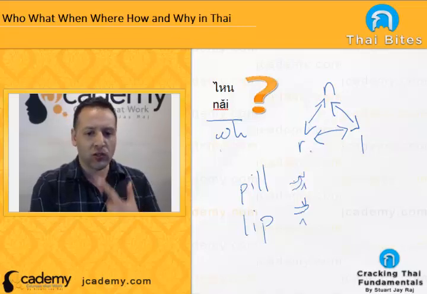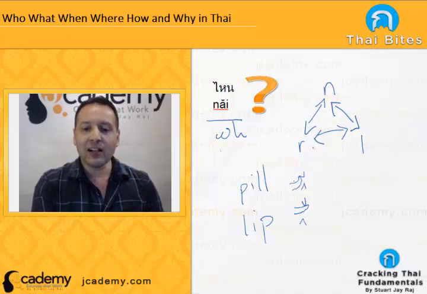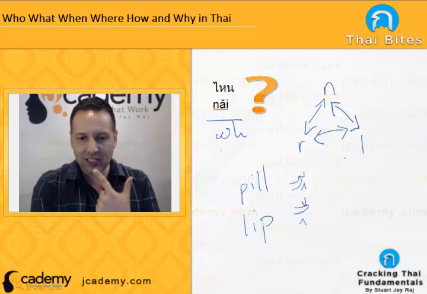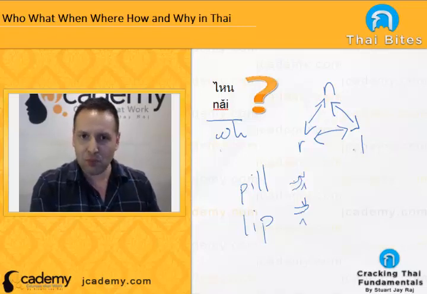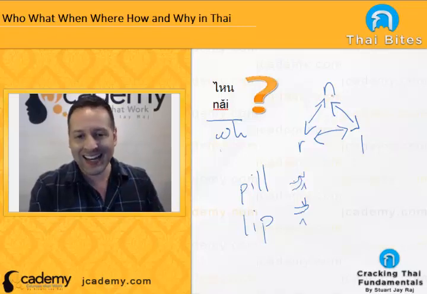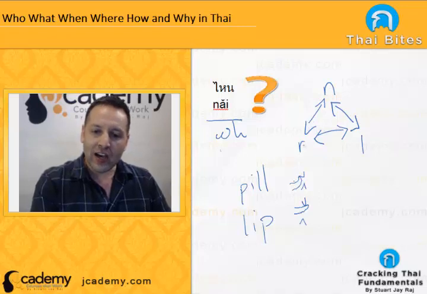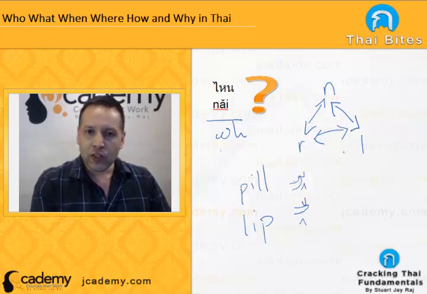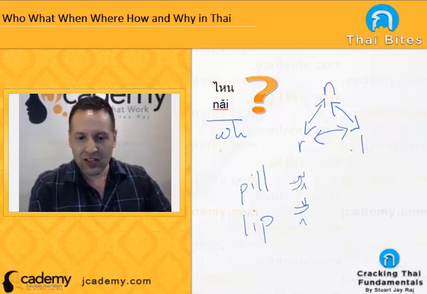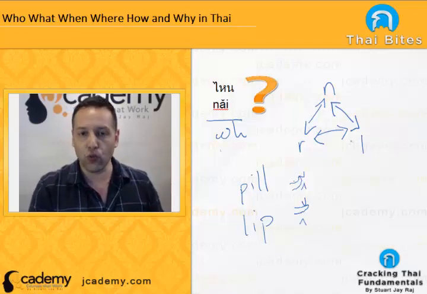People will tell you there's a rolled R, and they'll especially tell the Falang to roll the R. But in reality, when Thais say it, your R and L are basically the same sound in spoken Thai, and your tongue kind of makes it to that position and doesn't make it, and then again is from the same position. So we'll see a phenomenon happening where R, N, and L can often be interchanged, or one will take over from the other. That's an important point to remember as we go through the next few words.